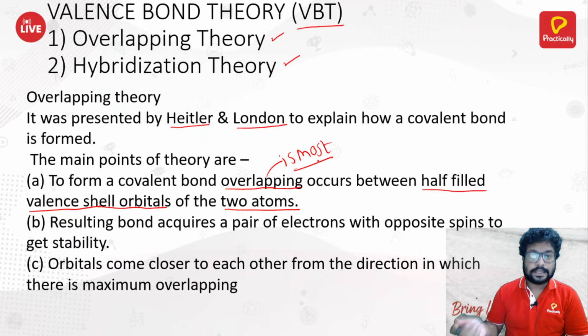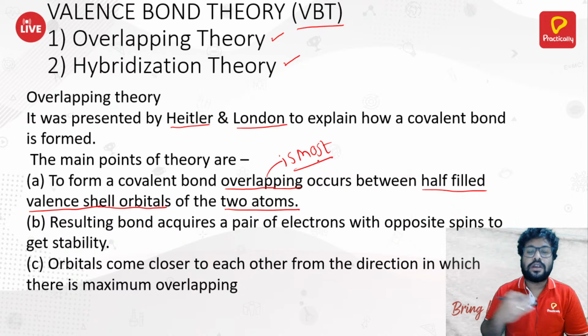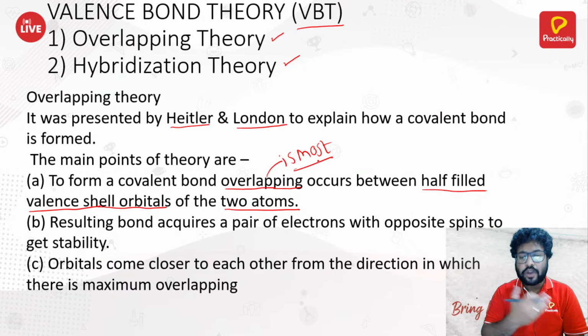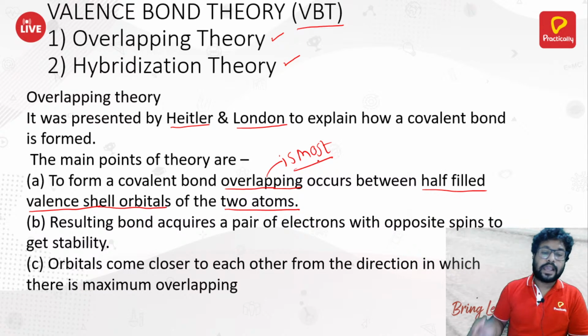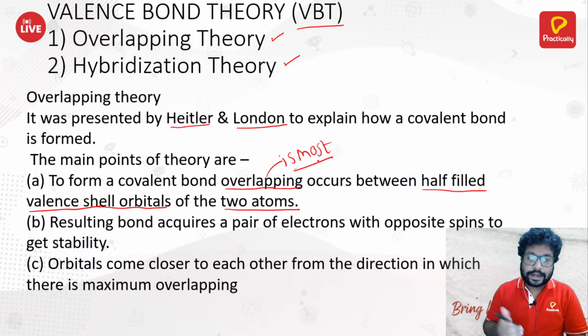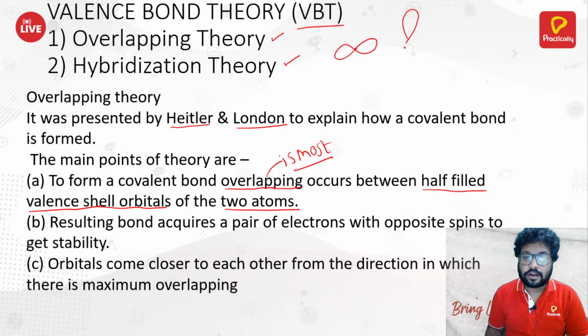Second, the resulting bond acquires a pair of electrons with opposite spins to get stability. We have talked about this earlier also. Third, the orbitals come closer to each other from the direction in which there is maximum overlap. For example, you have an orbital like this, and you got another orbital.